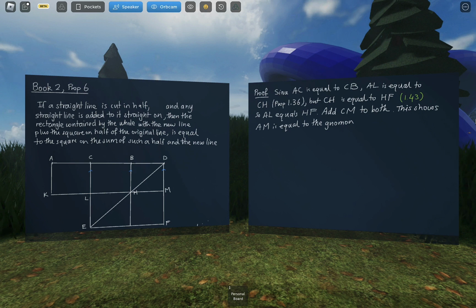I guess let's label it in here. So NOP. It's kind of interesting. This is a new naming convention for a sequence of figures where you use the intersections with some of the parts. So that seems to be how this works. But AM is the rectangle, yeah, right. But AM is the rectangle contained by AD and DB.